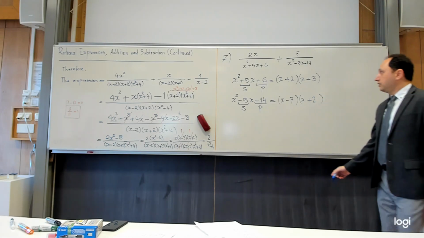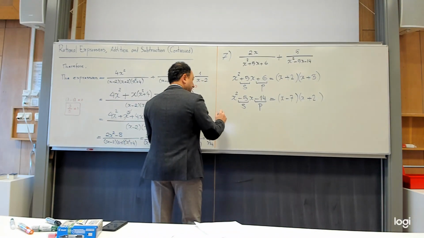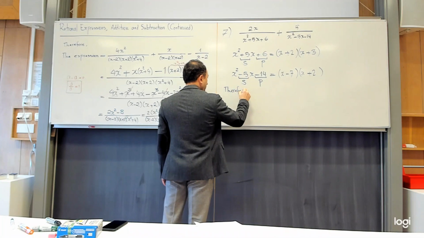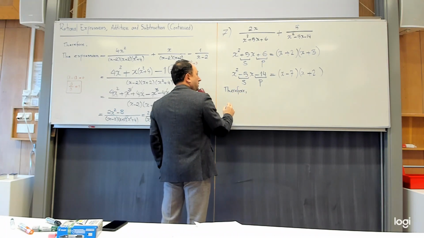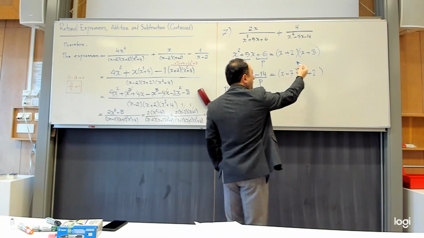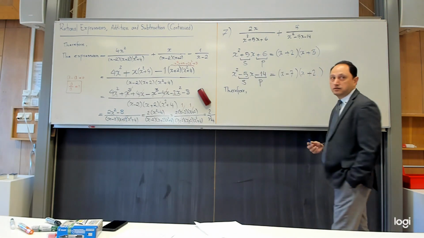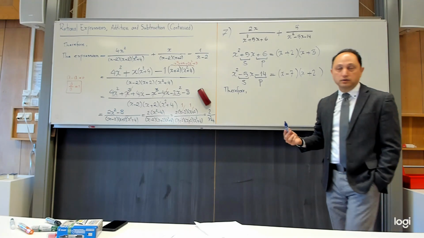Now, therefore, the expression is what? By the way, you don't need to write that. If you are confident, you can start writing equality and write this and write that. That's up to you. You have a lot of freedom.